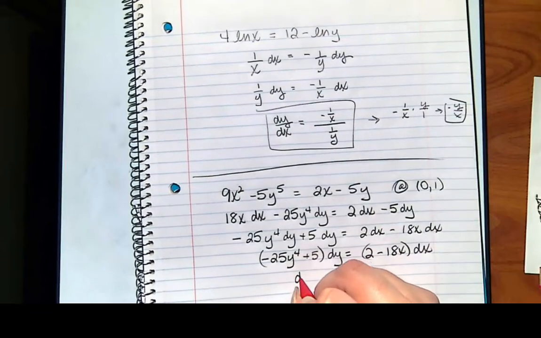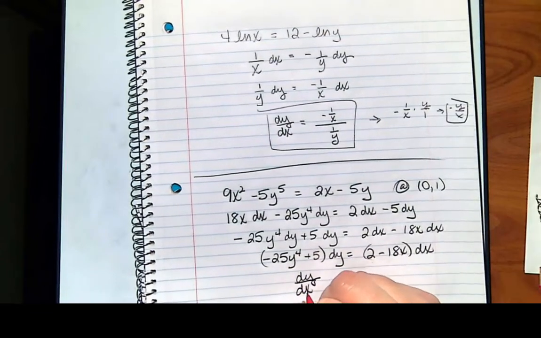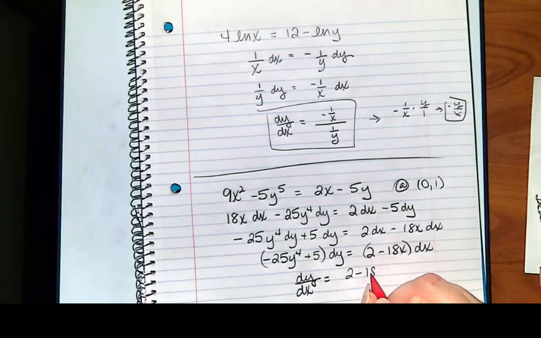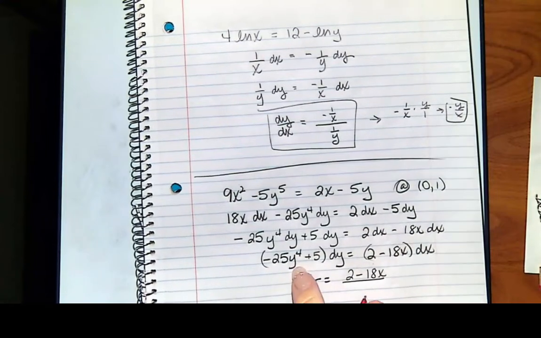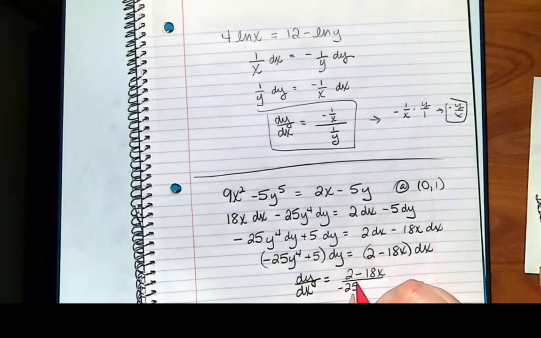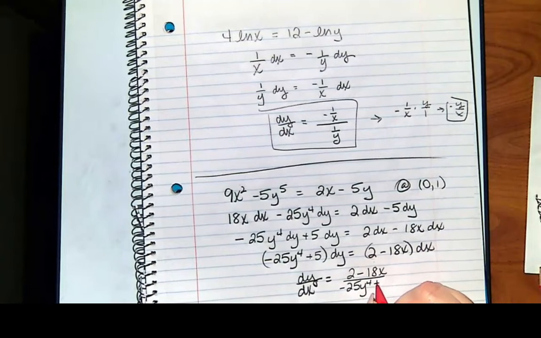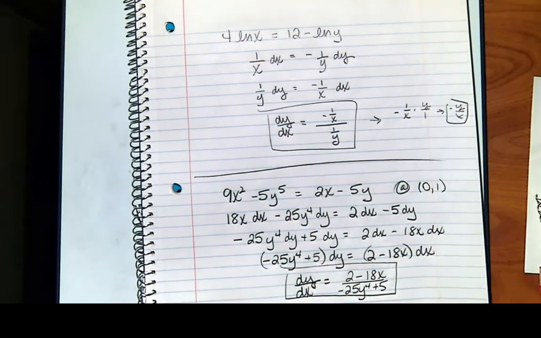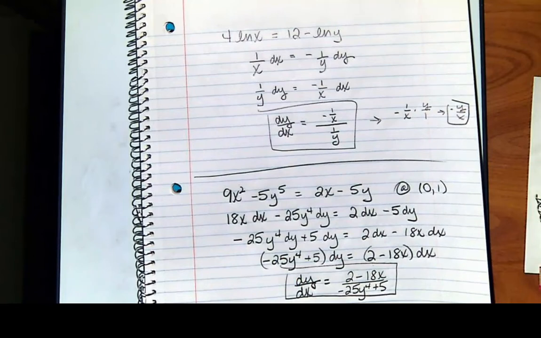So I've got dy dx equals, that's your numerator, that's your denominator. And that's the formula for instantaneous rate of change, or the formula for slope of the tangent line.